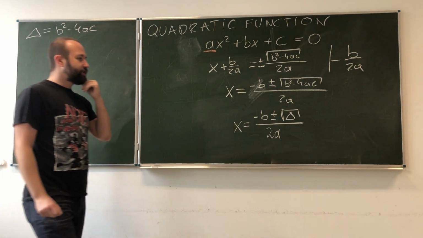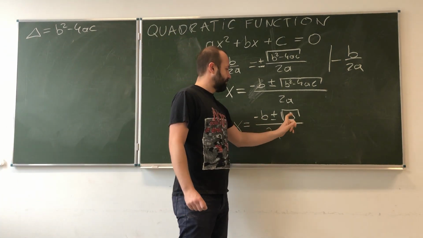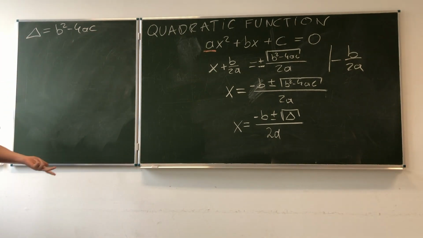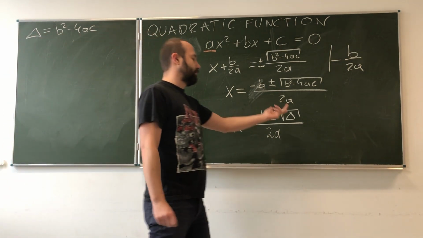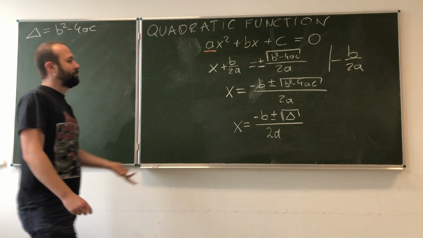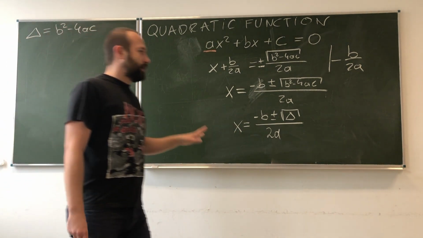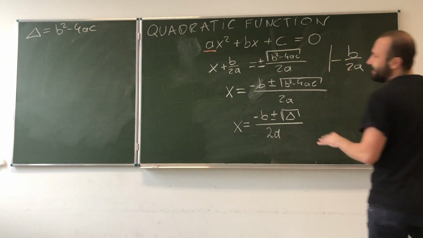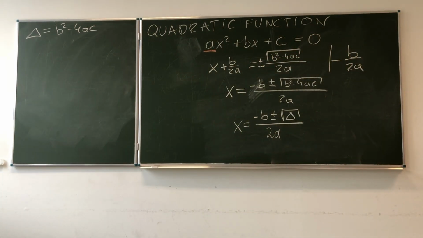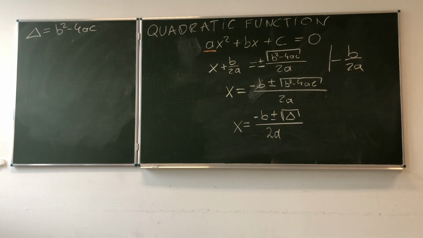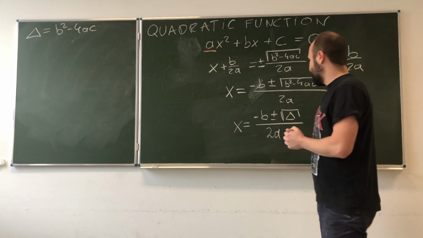Look, we should know that if delta turns out to be a negative number, we cannot take the square root. Of course, at this moment you probably wonder, what if we use imaginary numbers? Look, imaginary numbers we're going to leave for later. For now, we're just going to stick to the main rules you have been using in high school.